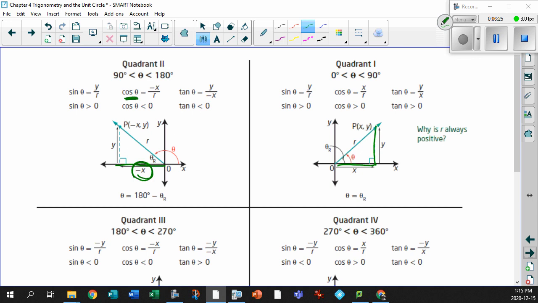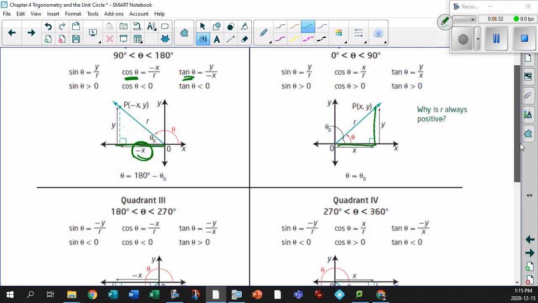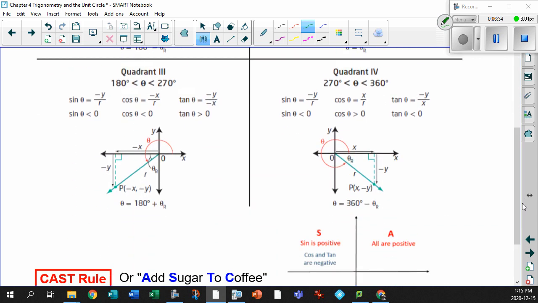Cosine has an X in it, it's negative. Tangent has an X in it, it's negative. If you look at the third quadrant, there's your negative X and your negative Y. So both sine and cosine are negative, but since tangent is a negative over a negative, it works out to be positive.